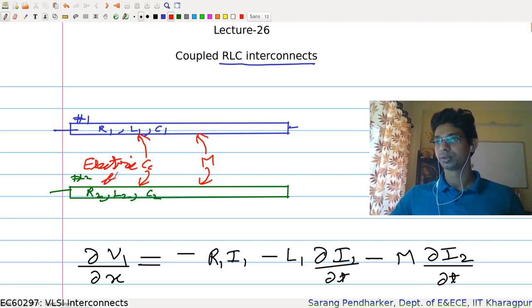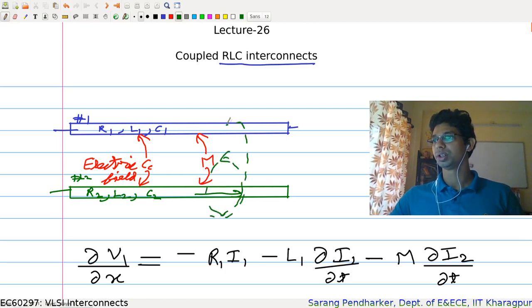Electric field, and then there is also, because of the current flowing here, some magnetic flux linked to it, that would also be linked to the other conductor, and because of that you would get mutual inductance between them.